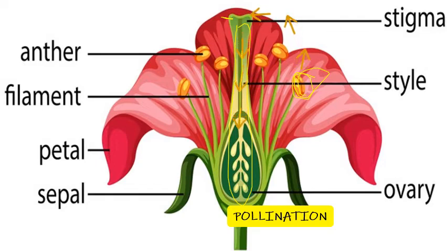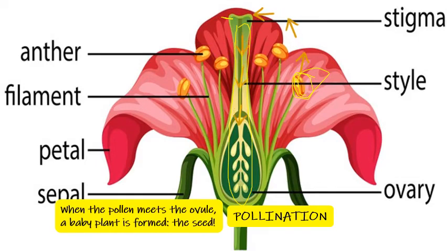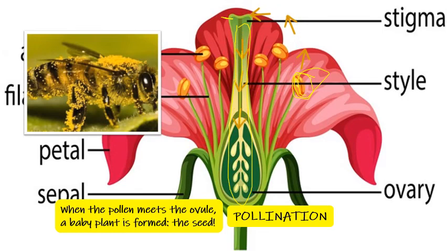What do we call when pollen flies from the anther to the pistil? We call it pollination. So pollination is when the pollen flies from the anther to the ovules. When the pollen meets the ovule, we will have a seed. The baby plant is here.